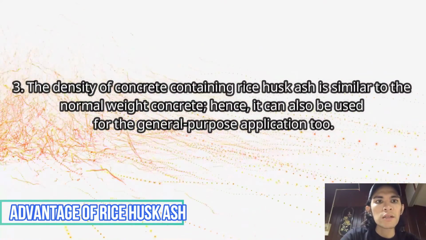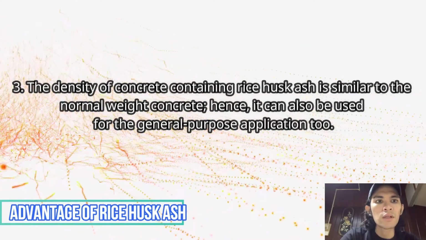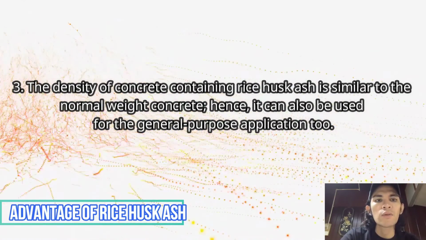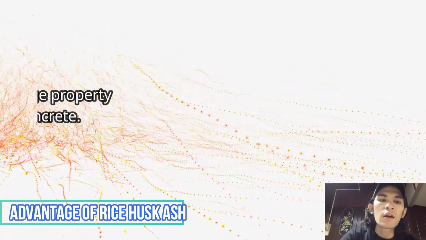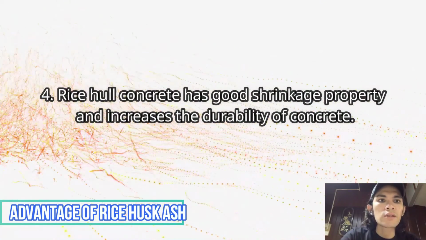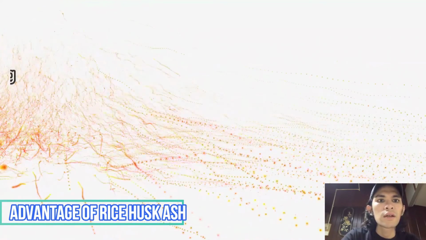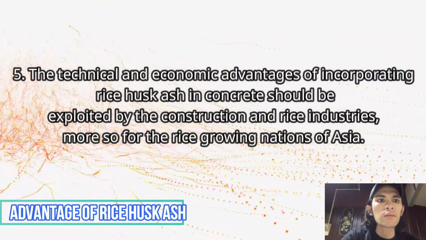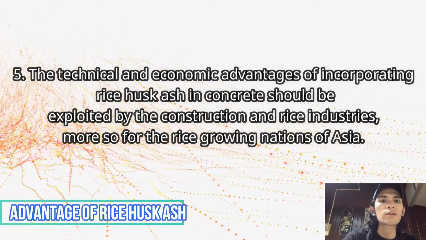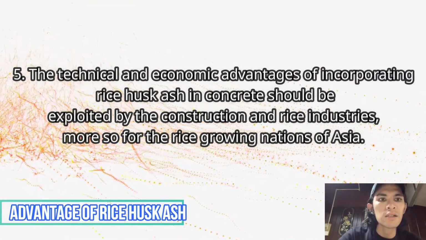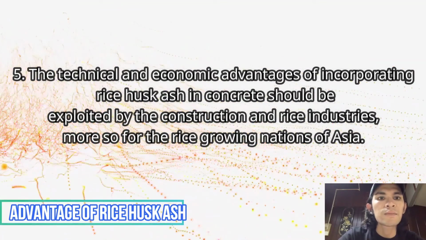Next, the density of concrete containing rice husk ash is similar to normal weight concrete, hence it can also be used for general purpose applications too. Rice husk ash concrete has good shrinkage properties and increases the durability of concrete. The technical and economic advantages of incorporating rice husk ash in concrete should be exploited by the construction and rice industry, more so for the rice-growing nations of Asia.